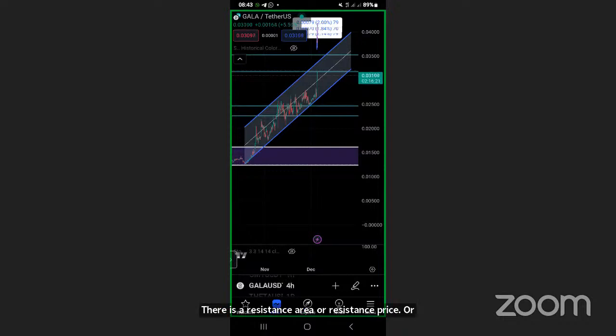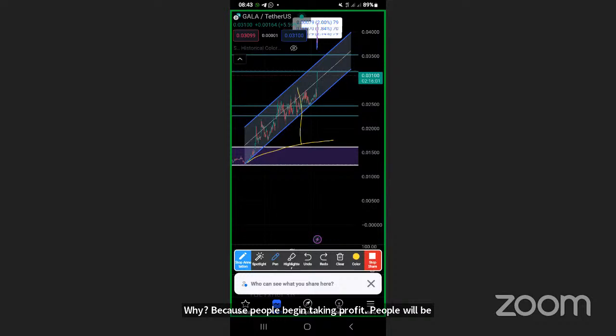And once it is halted, we are going to see a reversal to the downside. We are going to see the opposite of what we are monitoring happening again. The price will now begin dropping significantly. Why? Because people will begin taking profit. After a significant rise, people need to take profit. When the price rises so much, people need profit.